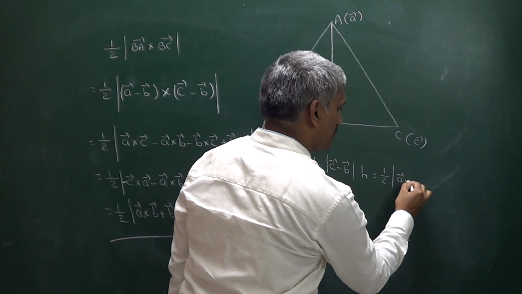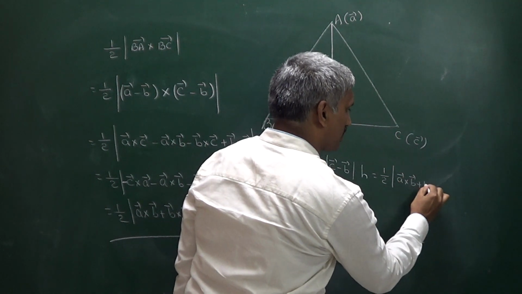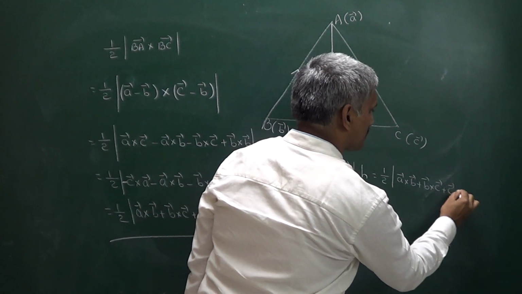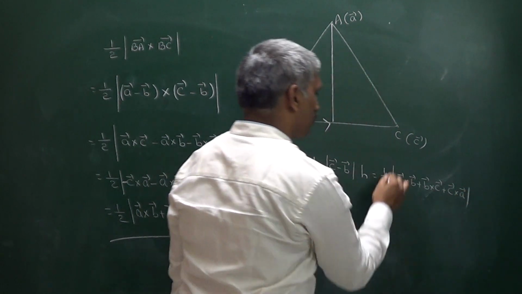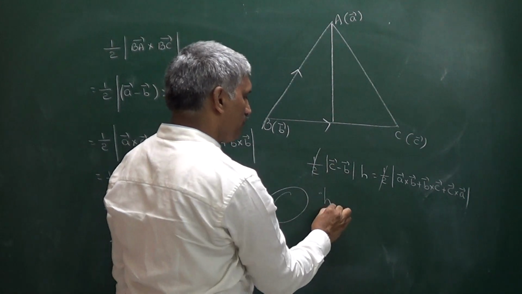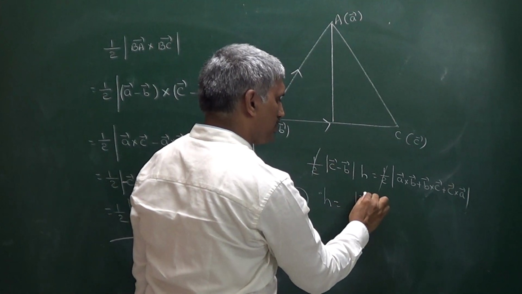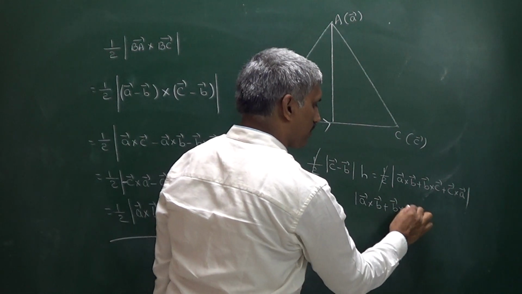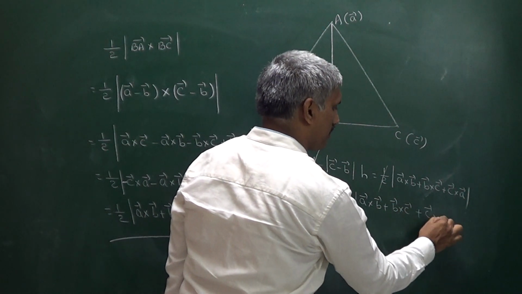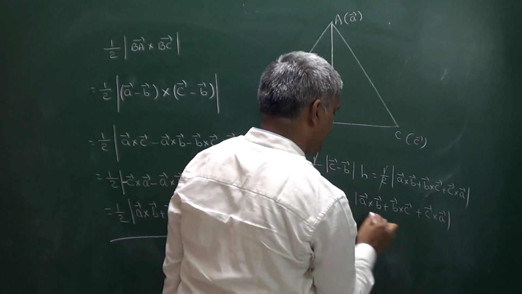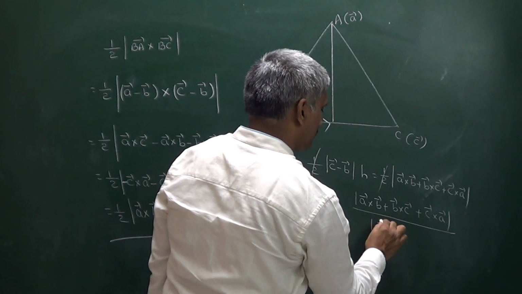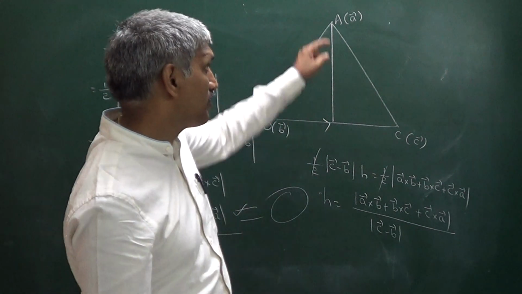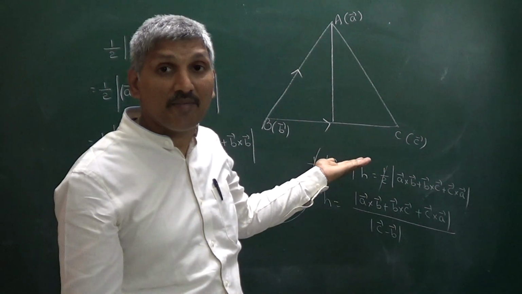Half into A bar cross B bar plus B bar cross C bar plus C bar cross A bar. Both sides half cancel. We get H is equal to magnitude of A bar cross B bar plus B bar cross C bar plus C bar cross A bar divided by magnitude of C bar minus A bar, that is the perpendicular distance from point A onto the side BC.